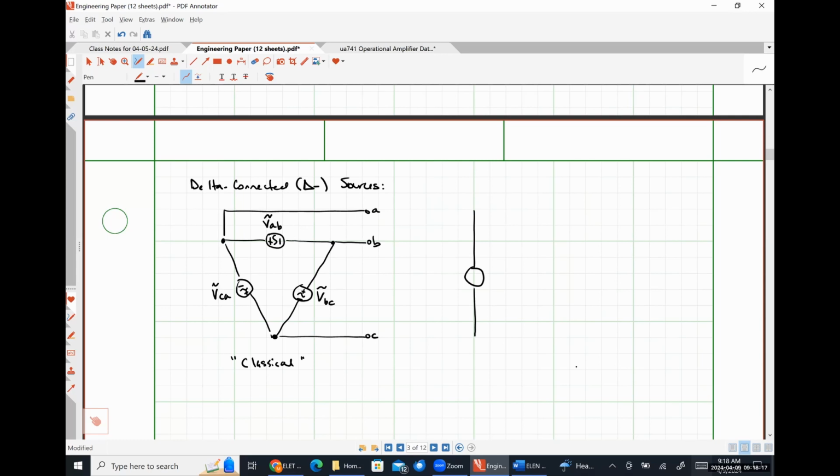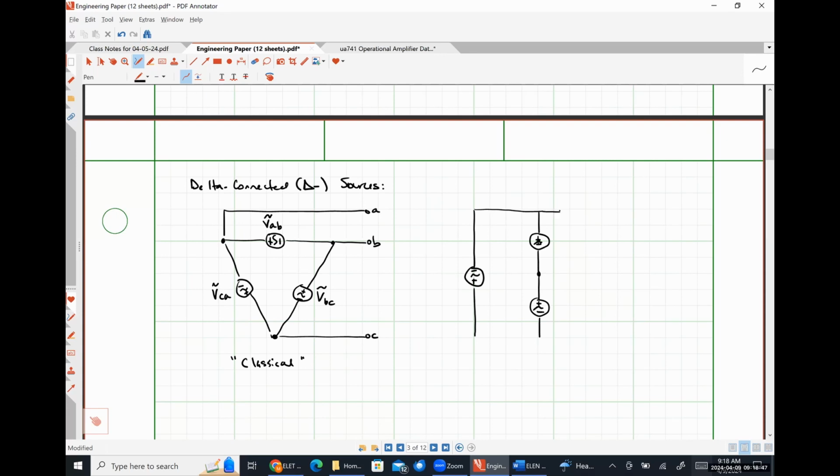So I'm now going to get back to drawing the modern representation of this delta connected source 15 minutes after I started. Let me draw this damn picture, please. So here's our plus and minus.